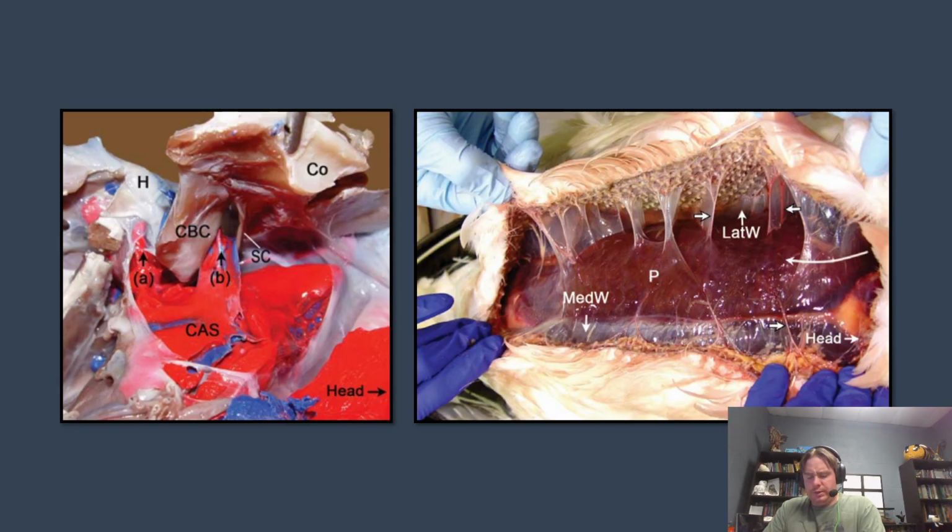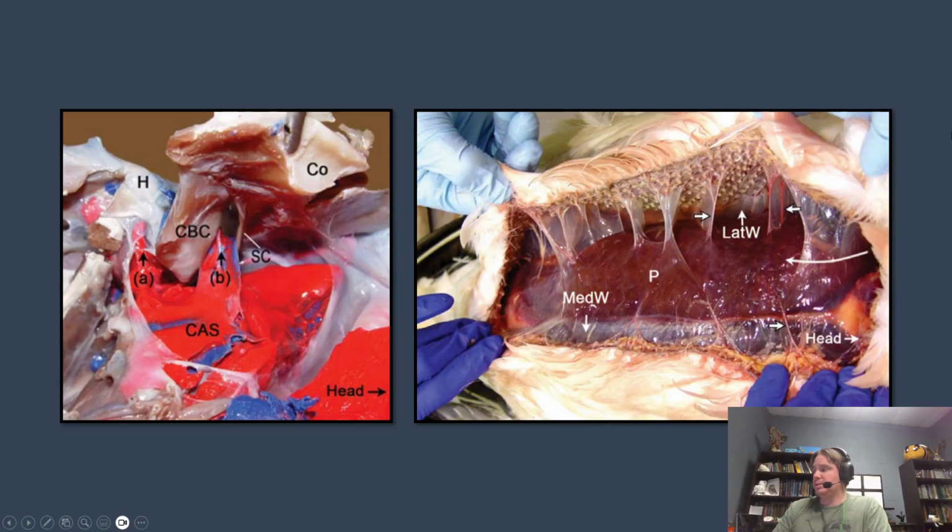One of the hypotheses for why they still might have these is that they're left over from an evolutionary time, an ancestor that wasn't so aerodynamic when it was doing the same sort of feeding behavior and needed that extra cushioning. Basically, the jury's out, but the general consensus right now is still that these are behaving as airbags.